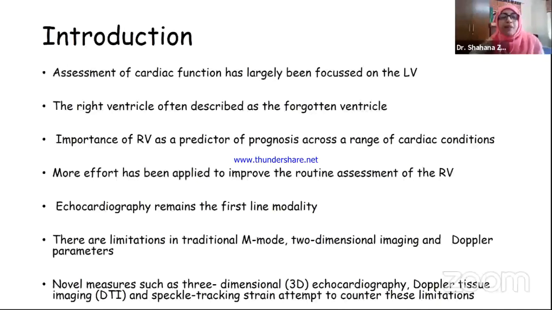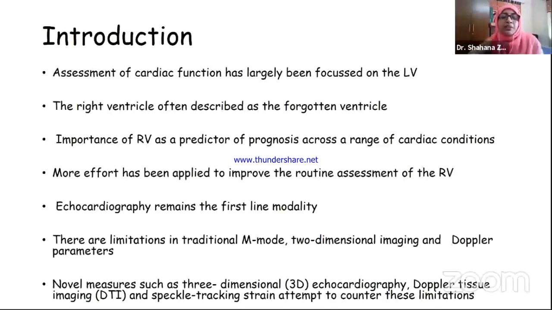Assessment of cardiac function has largely been focused on the left ventricle. The right ventricle, often described as the forgotten ventricle, though it has to pump the same amount of blood as the left ventricle in most individuals. The importance of RV as a predictor of prognosis across a range of cardiac conditions has been appreciated. More effort has been applied to improve the routine assessment of the right ventricle.